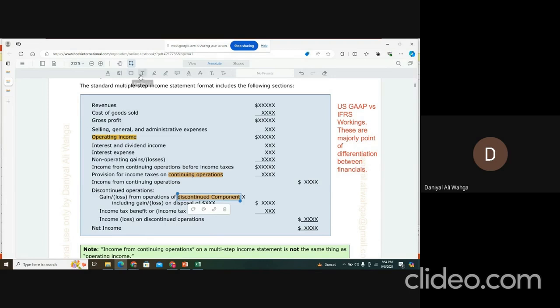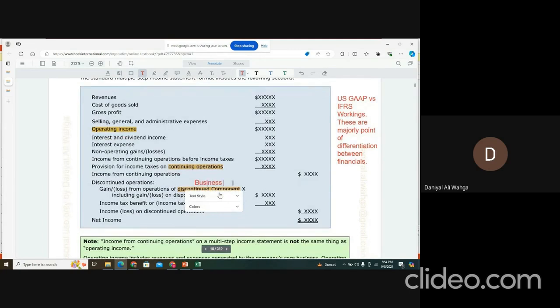Highlight, let me add some text. Business segment, and then if I type further, it is IFRS 5 workings, income from discontinued operations, or whatever I need to see.